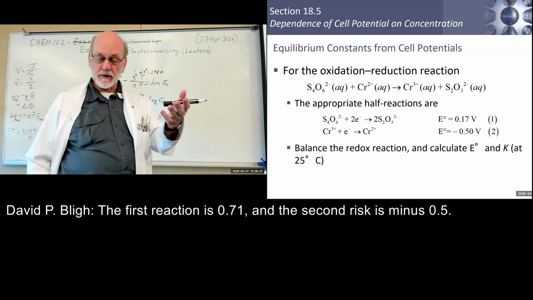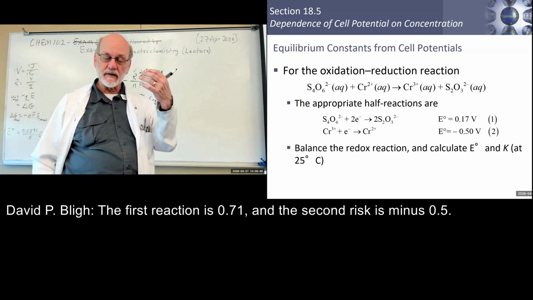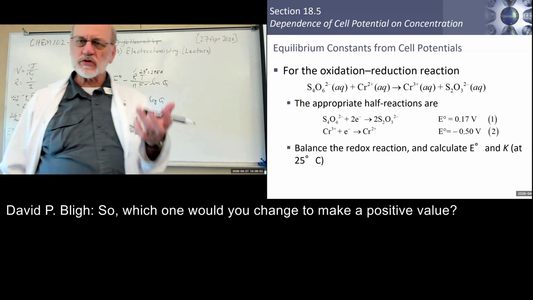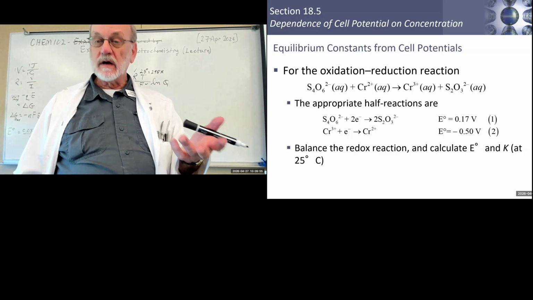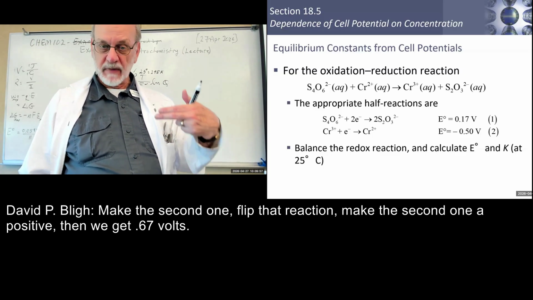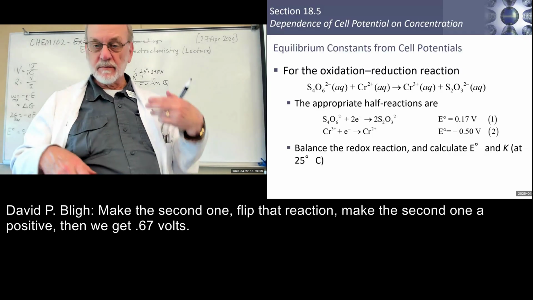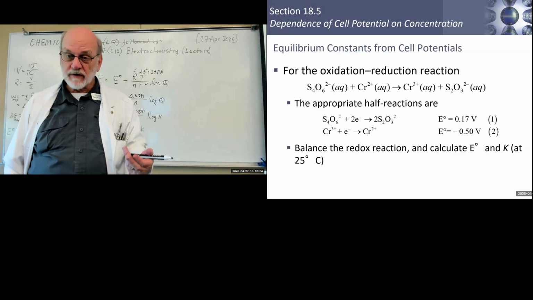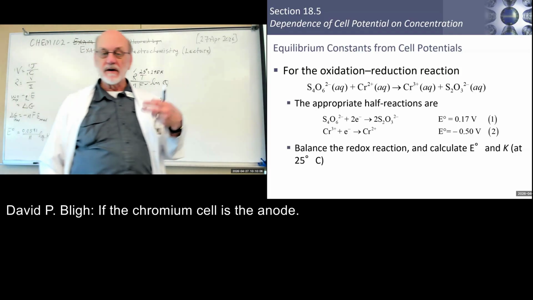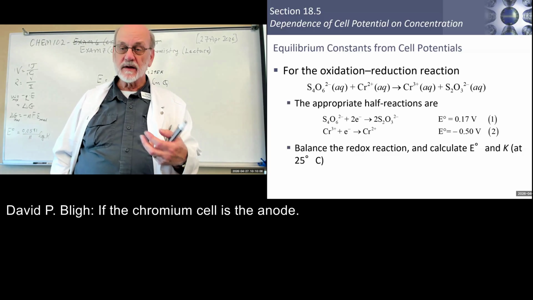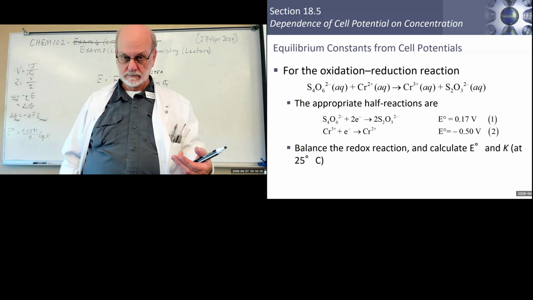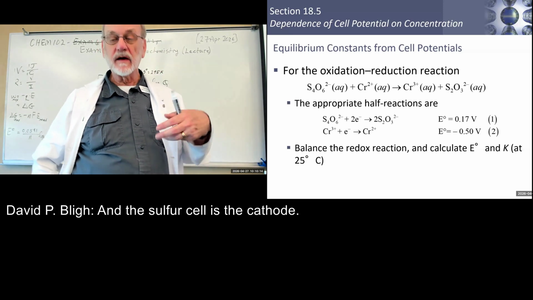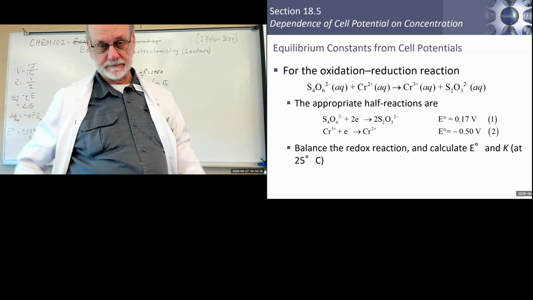The first reaction is 0.71 and the second one is minus 0.5. So which one would you change to make a positive value? The second one. Flip that reaction, make the second one a positive, then we get 0.67 volts if the chromium cell is the anode and the sulfur cell is the cathode.